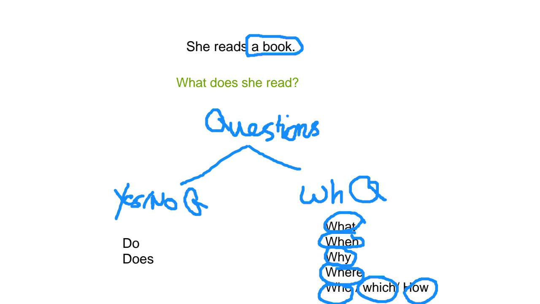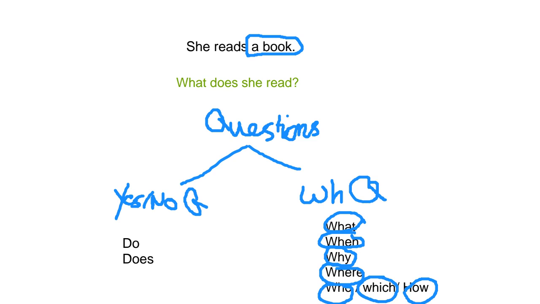Then optional C, completion. So if there is a completion here, like she reads a book every day, so every day here is C in this case. And it is between round brackets because it is optional, it's not always there. So you can follow this rule in order to form questions.